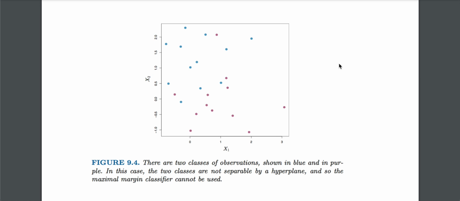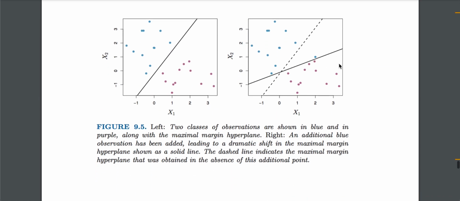Another way to look at it is we want a method that is robust, that is not sensitive to individual data points. That's one of the major reasons why we would want to deal with this.